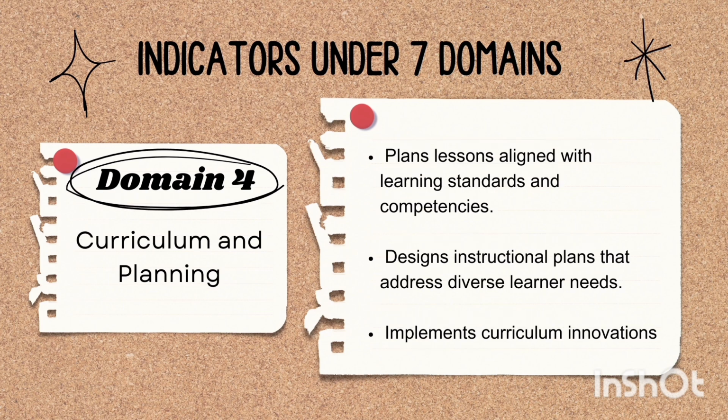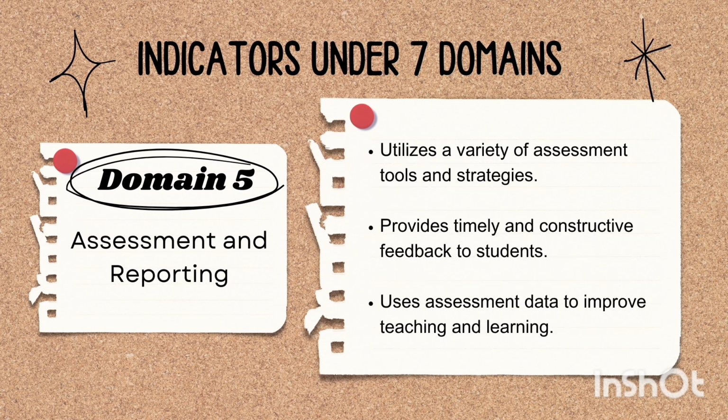Domain 4, curriculum and planning. Plans lessons aligned with learning standards and competencies, designs instructional plans that address diverse learning needs, and implements curriculum innovations. Domain 5, assessment and reporting. Utilizes a variety of assessment tools and strategies, provides timely and constructive feedback to students, uses assessment data to improve teaching and learning.